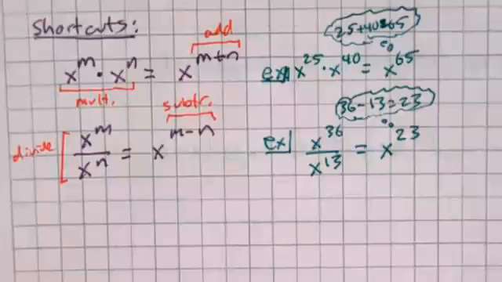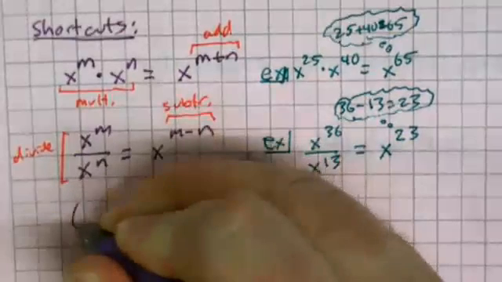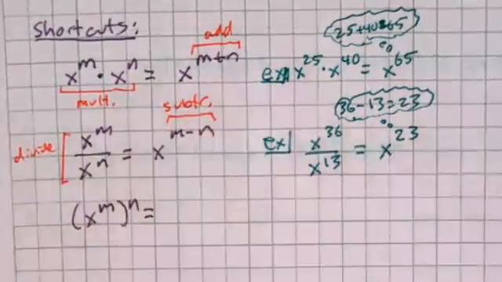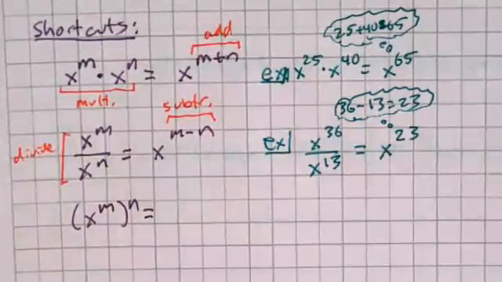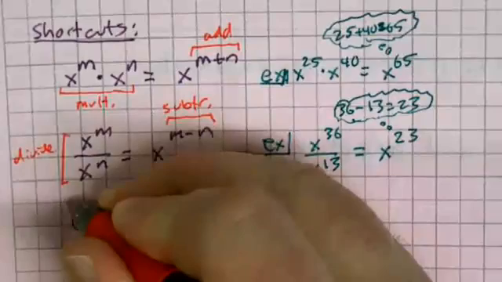All right, the last situation that we've seen come up quite a bit is when we have parentheses with an exponent on the inside and outside. So let's do x to the m to the nth power. So in this case, we're dealing with parentheses.